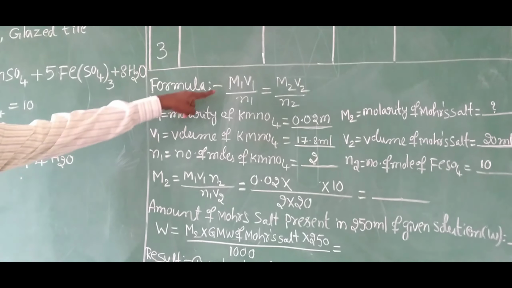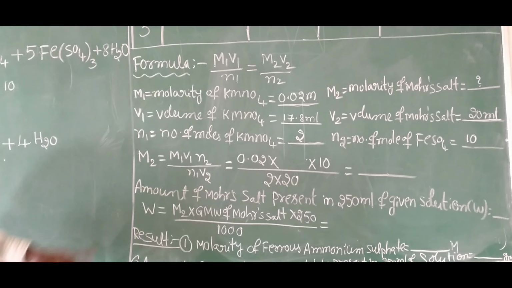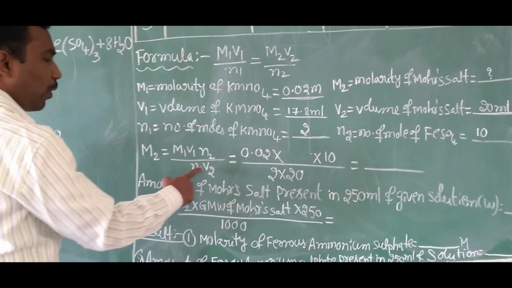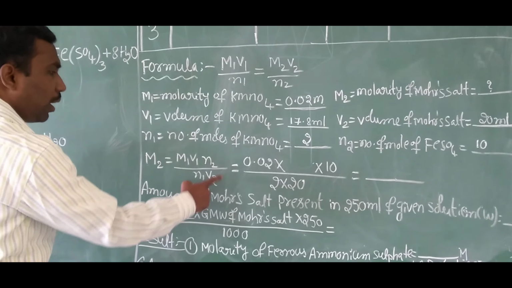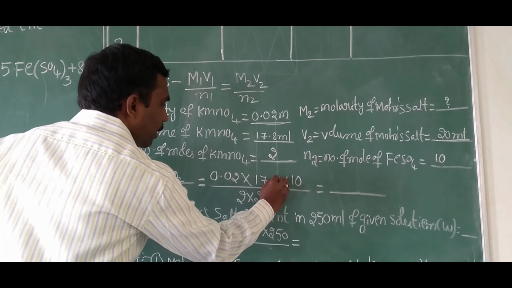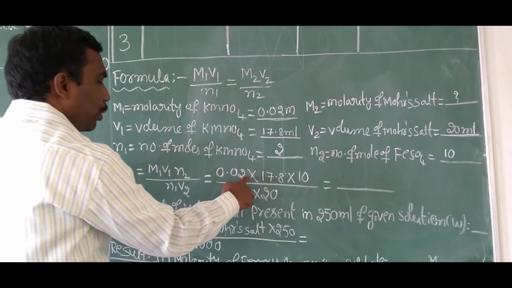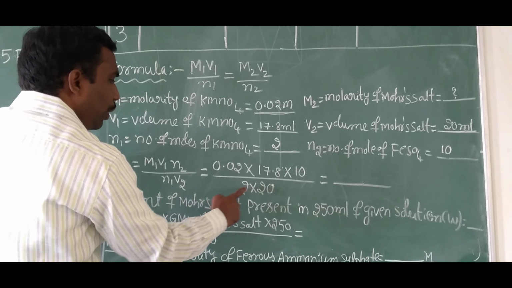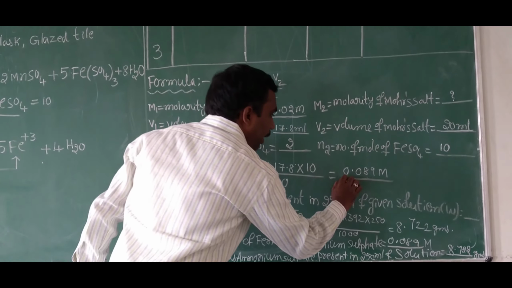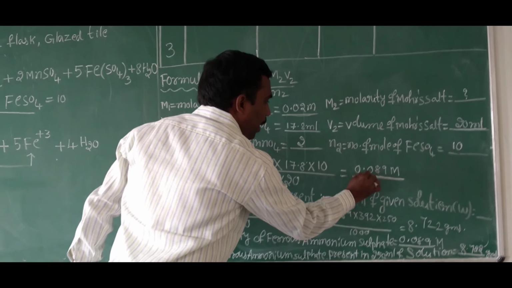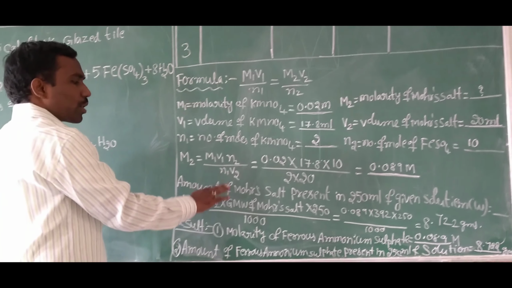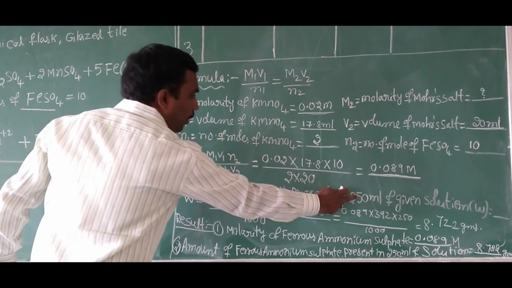After modifying this formula, it can be written as M2 equal to M1V1N2 by N1V2. Now substituting all the values in this formula, that means V1 is 17.8, M1 is 0.02, N2 is 10, divided by 2 into 20. After the calculation, we get the molarity of Mohr's salt as 0.089. Now we have to find the amount of Mohr's salt present in 250 ml of the given solution.